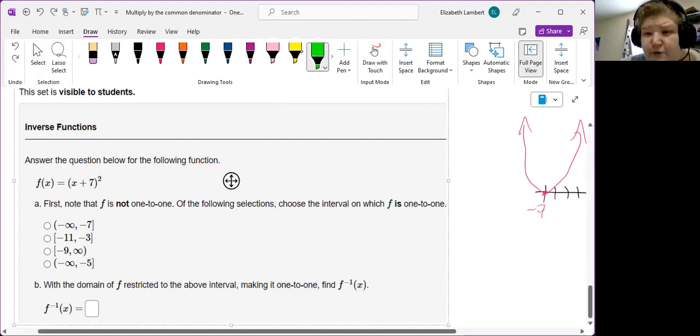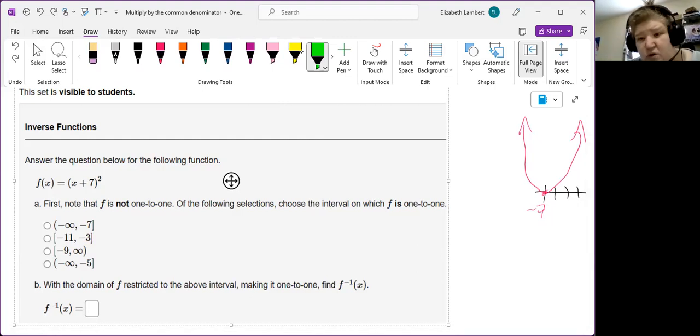All right, so our vertex, our low point of the parabola is at negative 7. So the maximal domain restriction here would be everything to the left of negative 7 or everything to the right of negative 7. But anything that's a subset of those sides that's smaller but is completely on one side or the other of negative 7 would also work.